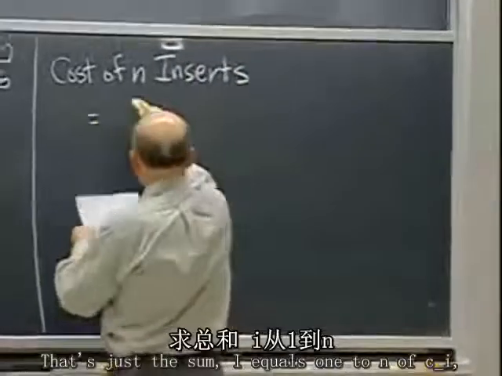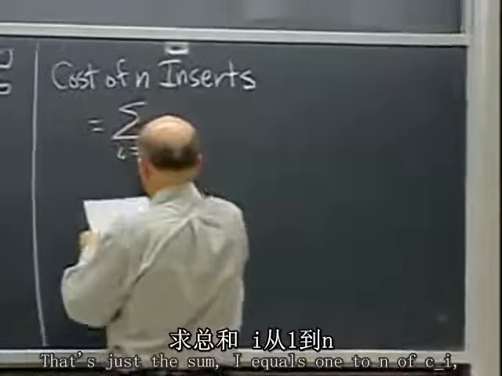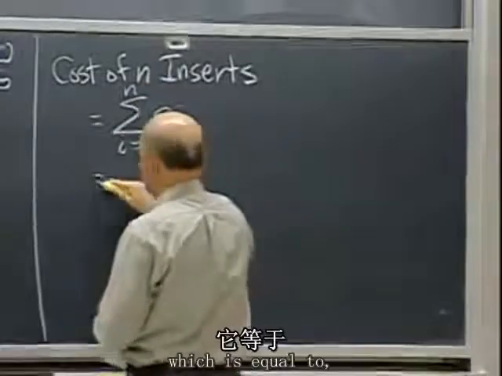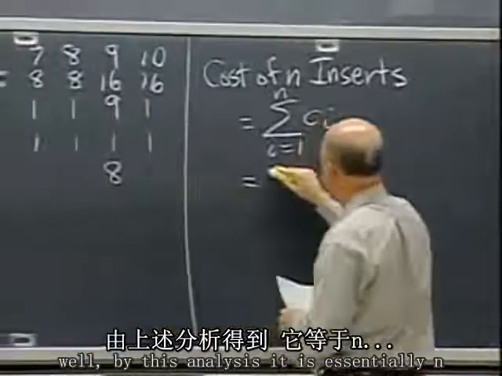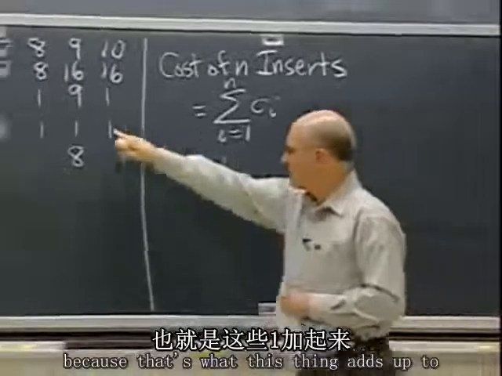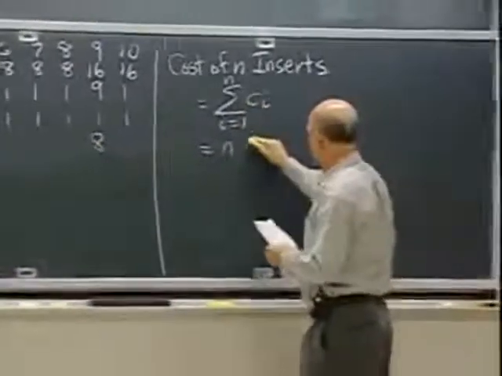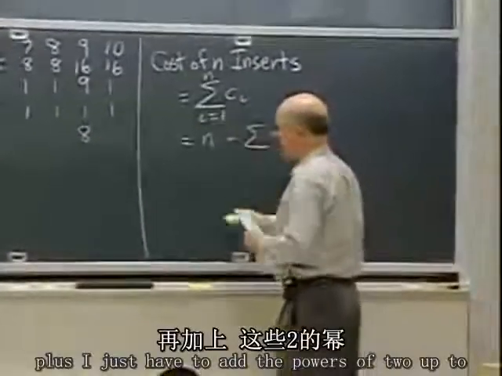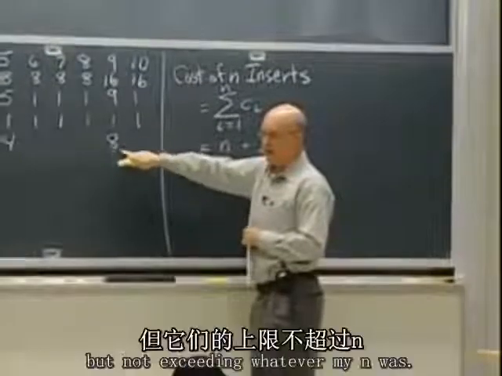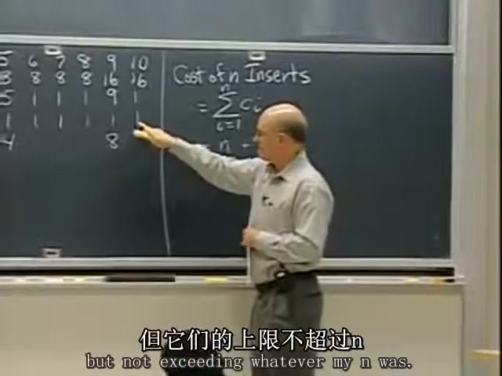That's just the sum from i equals 1 to n of c_i, which is equal to, well, by this analysis, essentially n, because that's what this adds up to, plus I just have to add the powers of 2 up to but not exceeding whatever my n was.